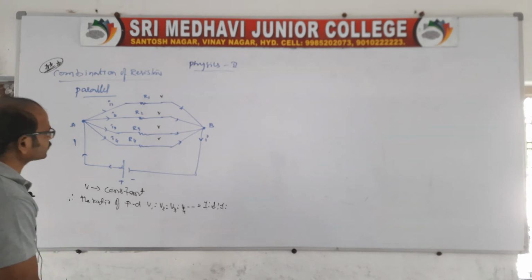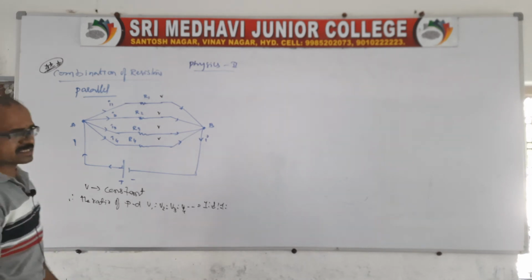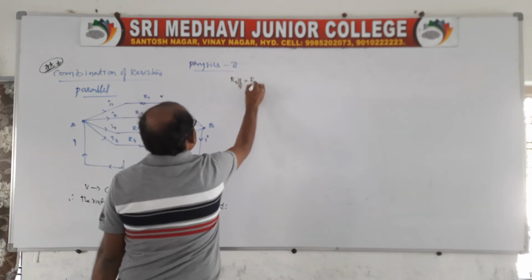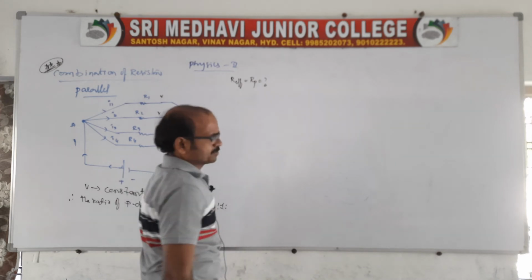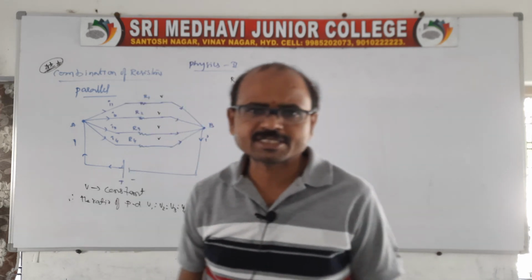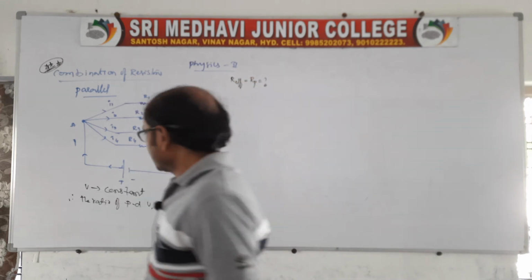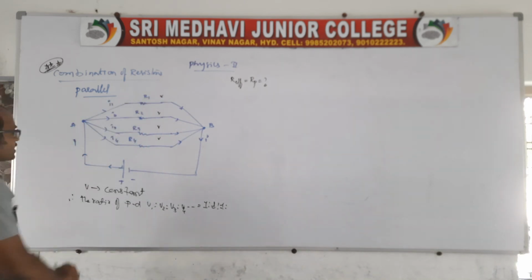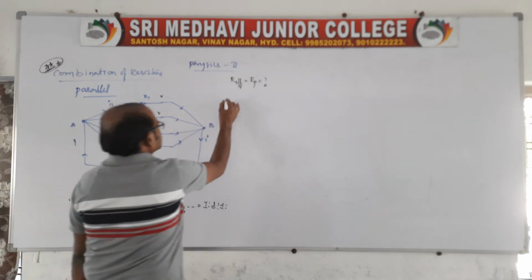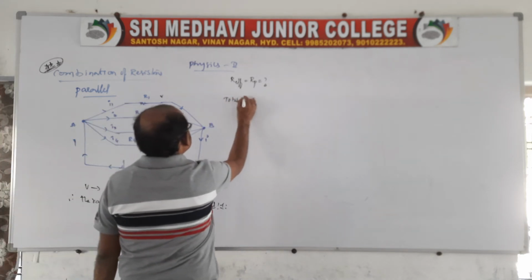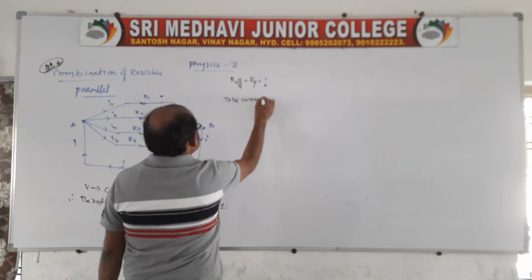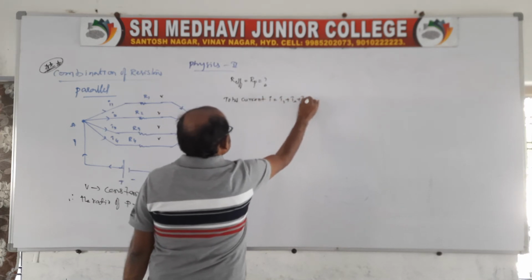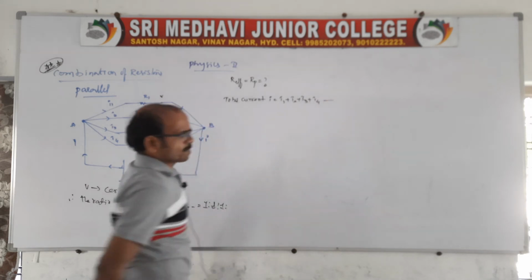Now we need to find the effective resistance. In a parallel combination the effective resistance is Rp, P for parallel, or we can say the total resistance of the combination. The potential difference is the same, whereas the total current I is equal to I1 plus I2 plus I3 plus I4 and so on.